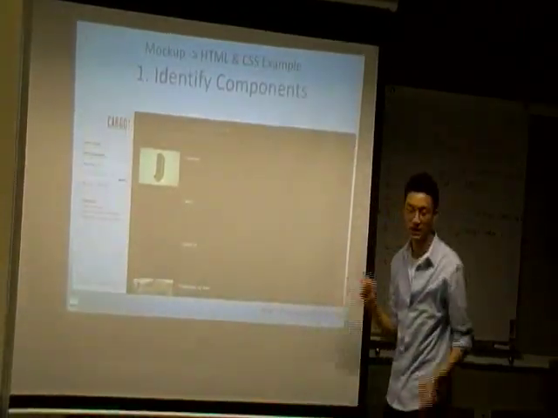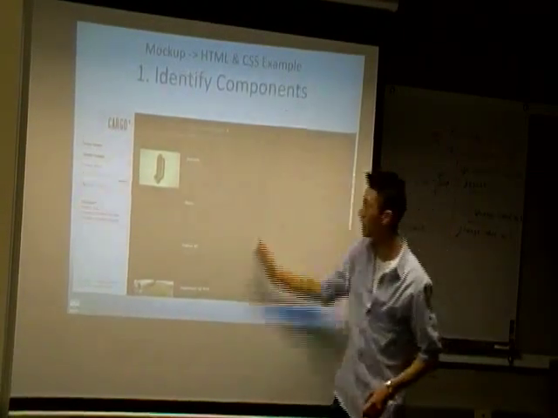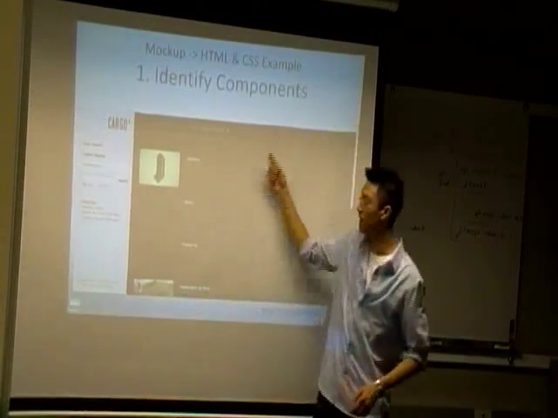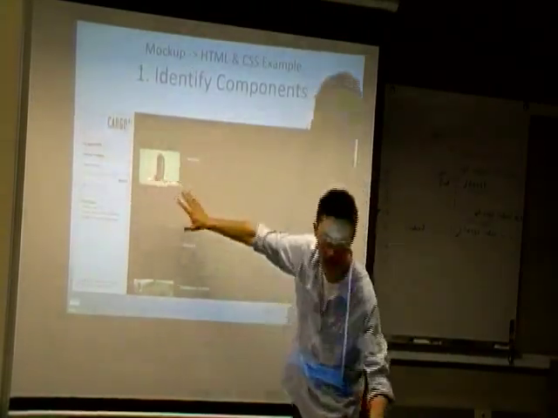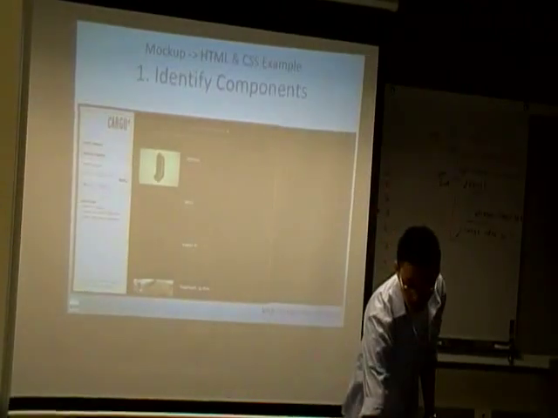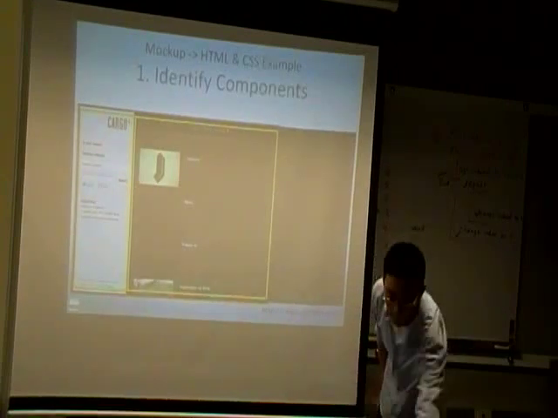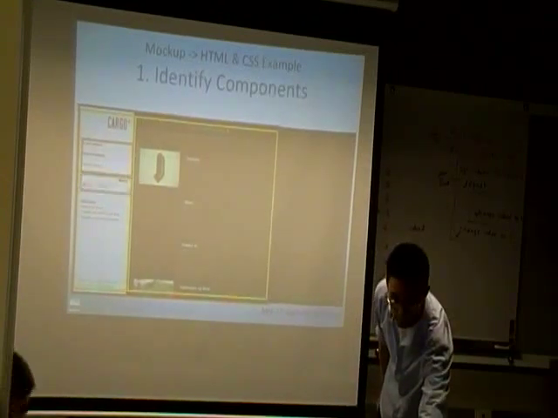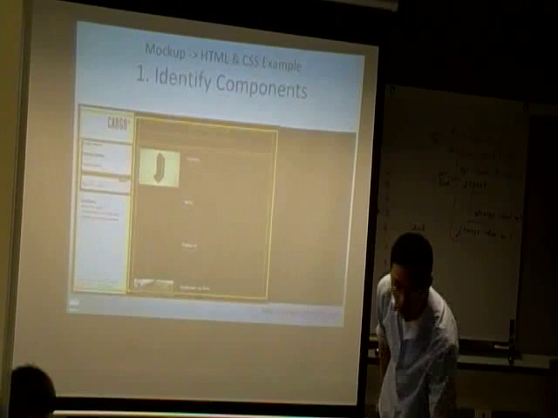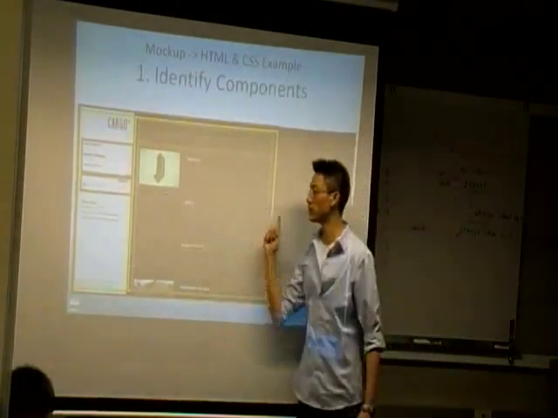So if you guys actually download the PDFs or you're looking at it on your computer, you go to the website, you'll see that. But there's actually just content on this side. And then within that, we have two sections, right? The menu on the left, and then we kind of have our content on the right. And if we wanted to go a step further, we could actually say that these are all their own elements too.